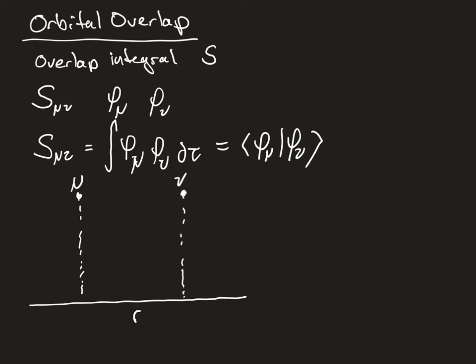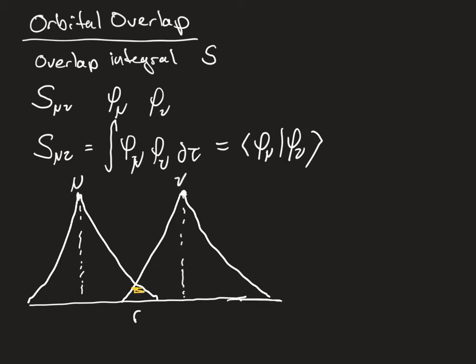So mu looks like that, nu looks like that, and your overlap is in that region there. So that is your overlap integral.